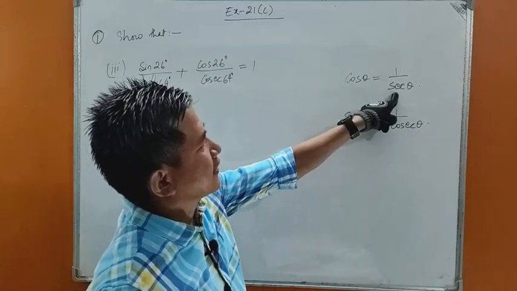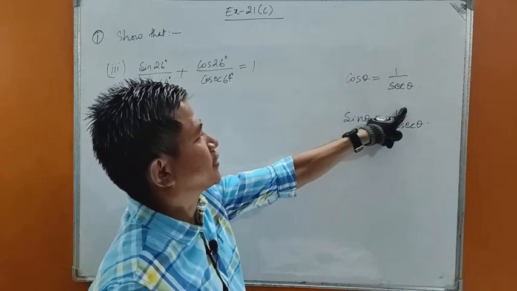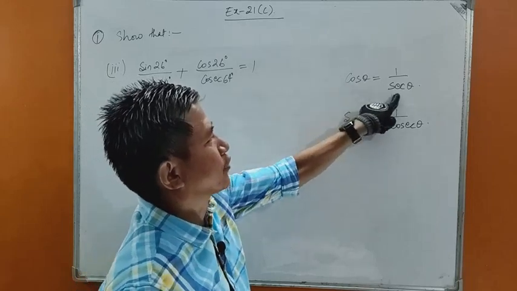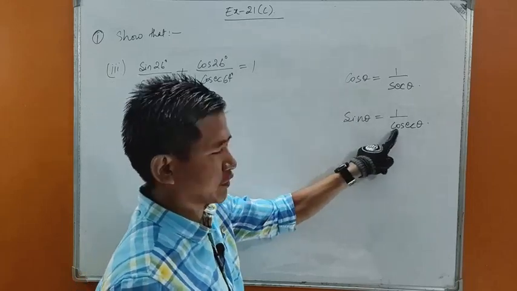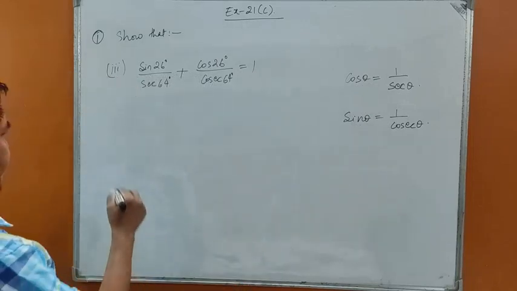If sec theta is taken to the numerator, it becomes cos theta. Similarly, if cosec theta is taken to the numerator, it becomes sin theta, because cos theta and sec theta are reciprocal of each other, and sin theta and cosec theta are reciprocal of each other, isn't it?